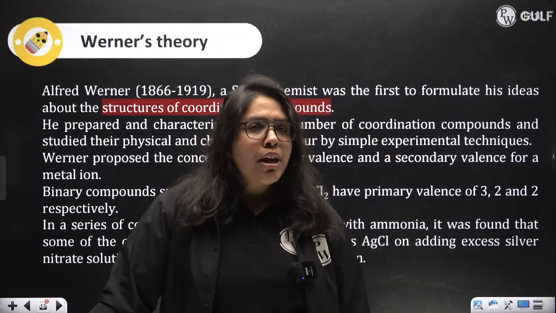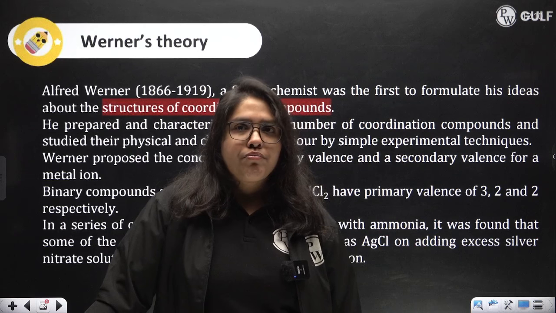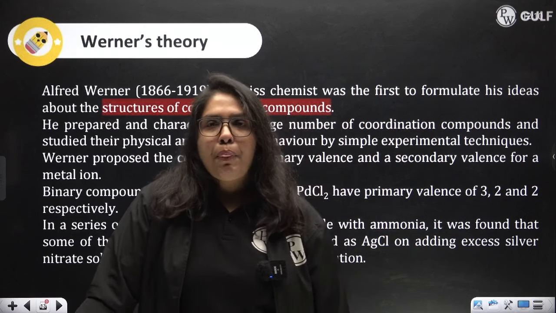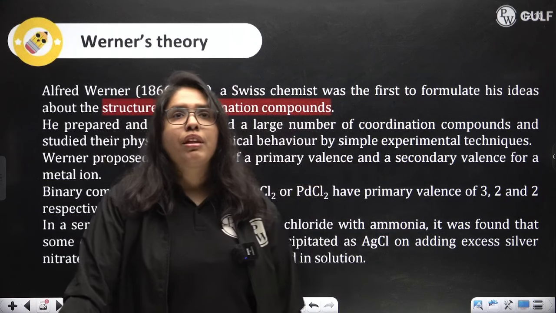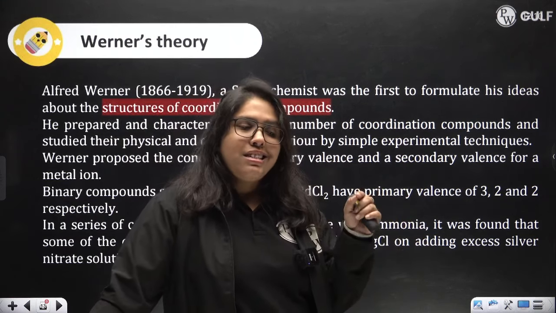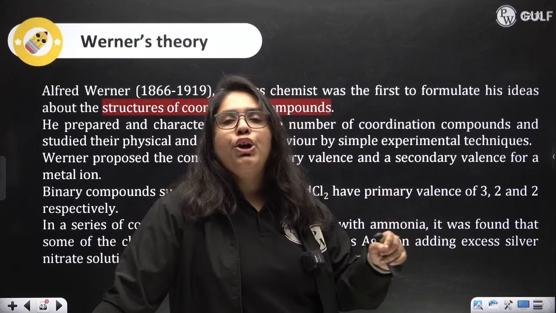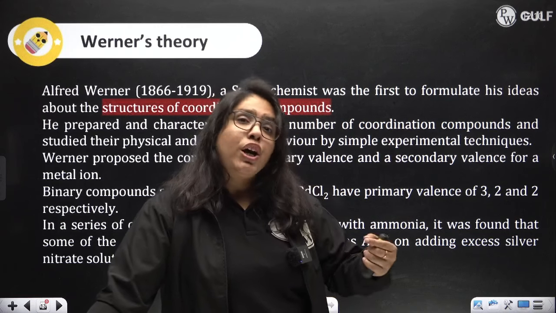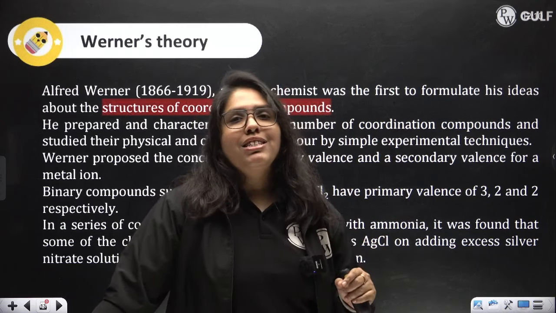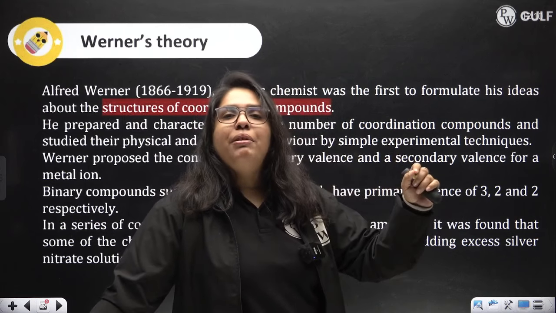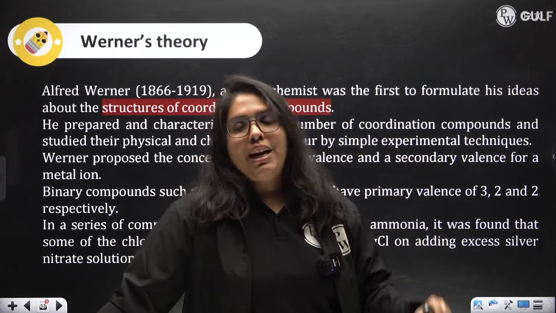Then we learned something about counter ions, right? Now these counter ions can vary. This is exactly what Werner is trying to demarcate in context with primary valency and secondary valency: the one which can be ionized and the one which cannot be ionized.